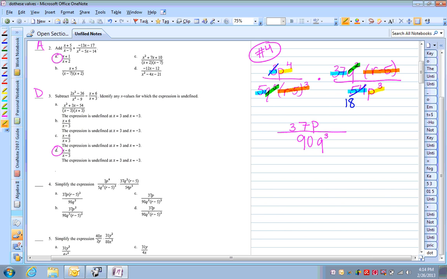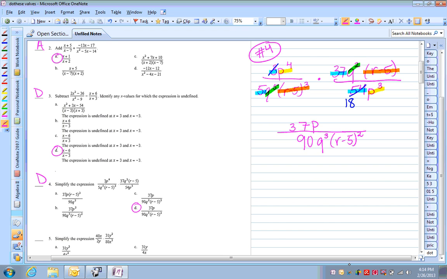So the bottom wins out, and it wins out by 2. So I put r minus 5 on the bottom, and there are 2 extra on the bottom than there were on the top. I look at my answer choices, and answer choice D is the correct answer. So that is the answer to number 4, and that's what we found.